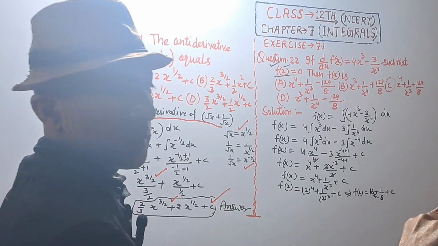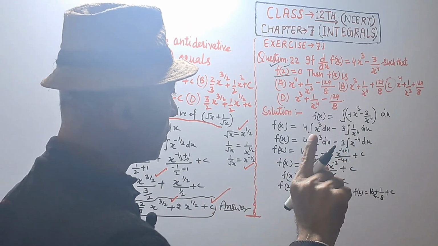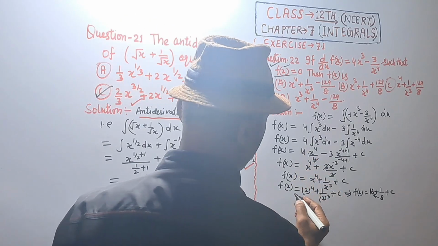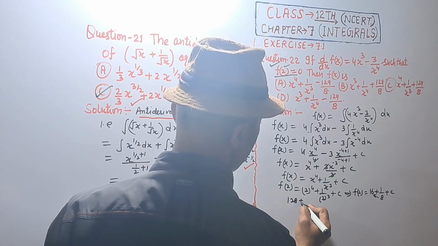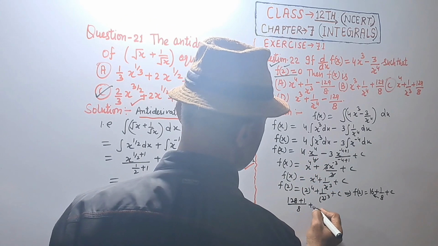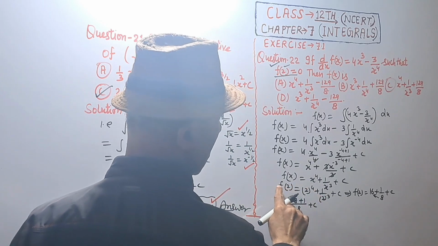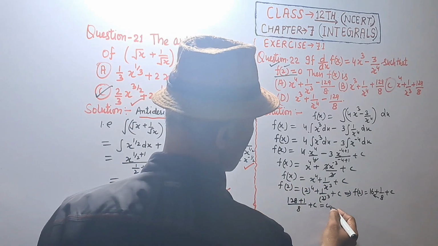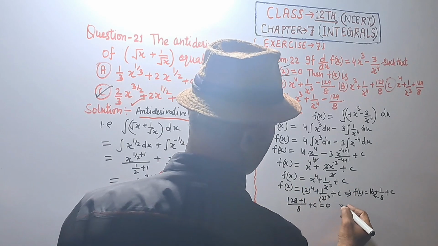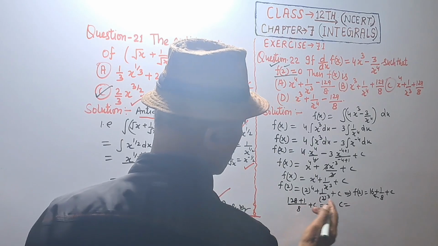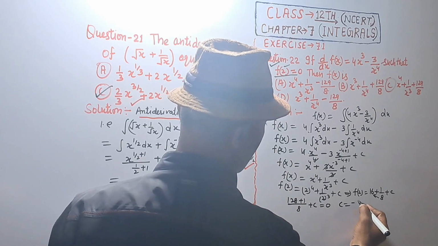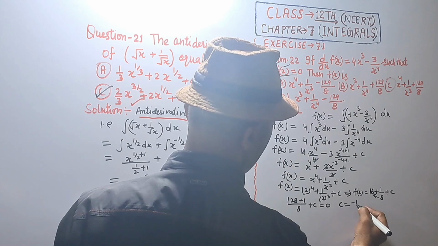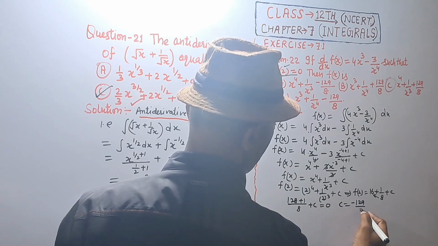And 16 multiplied by 8 is equal to 128, that is 128 plus 1 upon 8 plus c. And f of 2 equal to 0, then c is equal to minus of 129 upon 8.